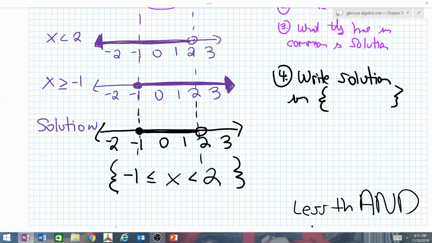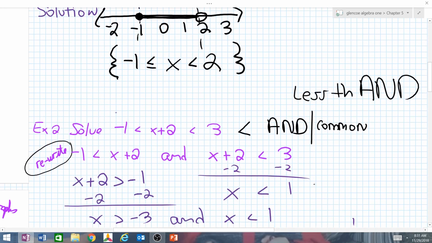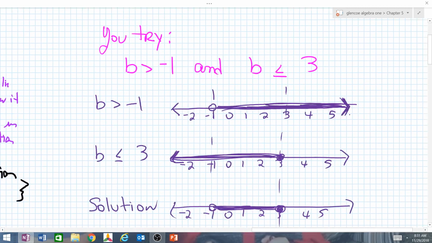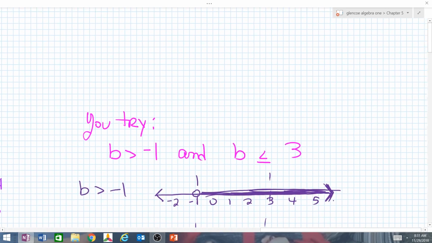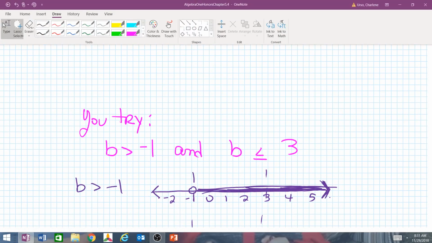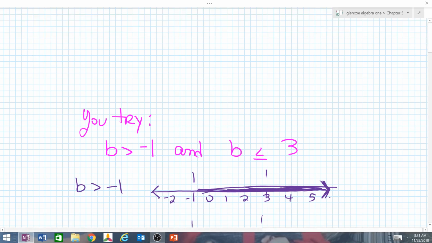I'm going to do another example. We're going to do this one together. You ready? Okay, here we go. You're going to try this one. Let me just get rid of my answers so that you can't see them. So everybody write this down.